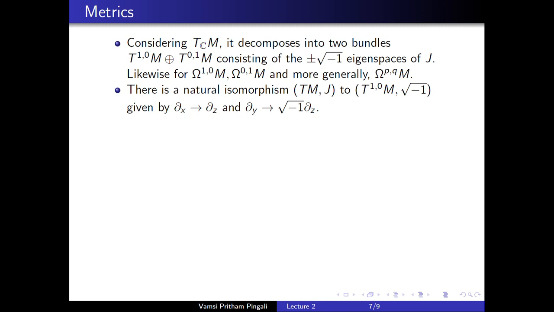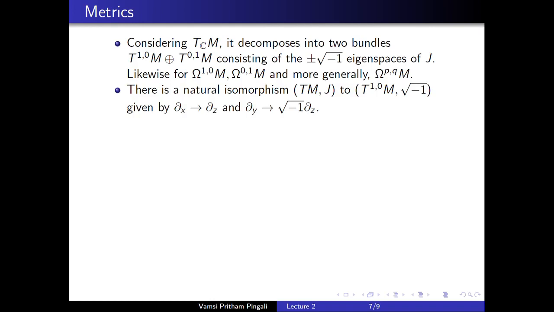One can ask whether they're both isomorphic, and indeed the answer is yes. Suppose you take R2 for example. You have 1-0 and 0-1 being its basis vectors. In the case of a manifold, there would be d/dx and d/dy such that z is x plus iy.